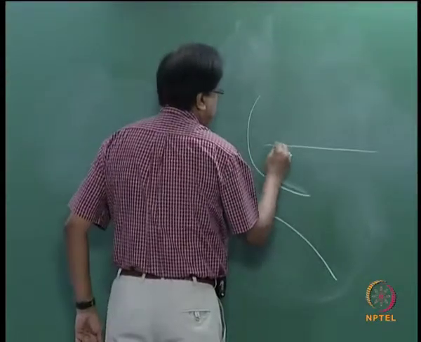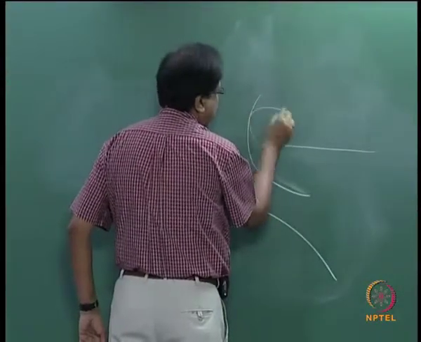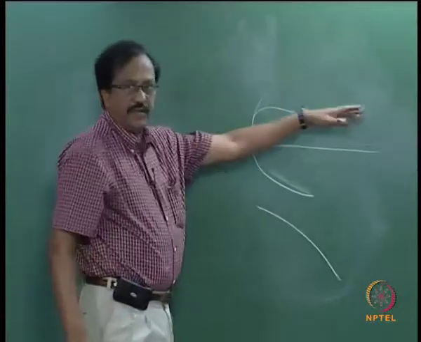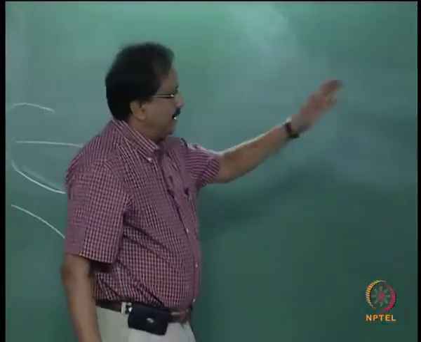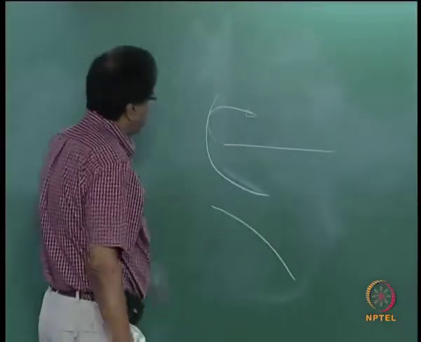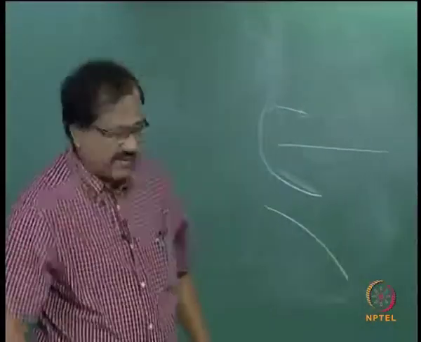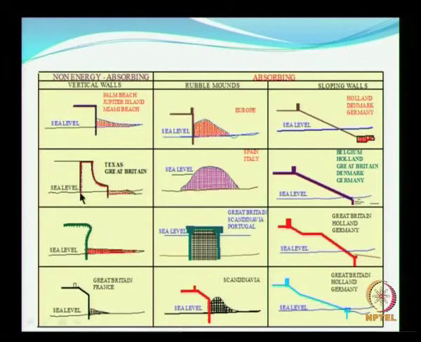When the waves try to run over, the energy gets deflected back into the ocean, or the energy gets dissipated while it is trying to run over this kind of a shape, or this kind of a shape, or even this kind of a shape.